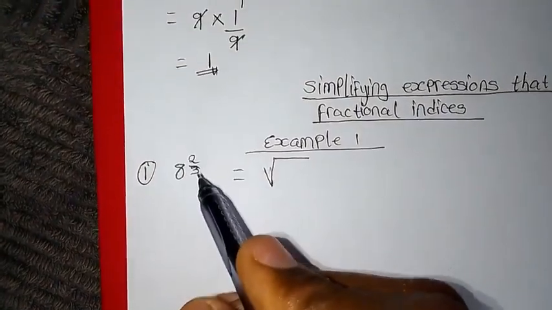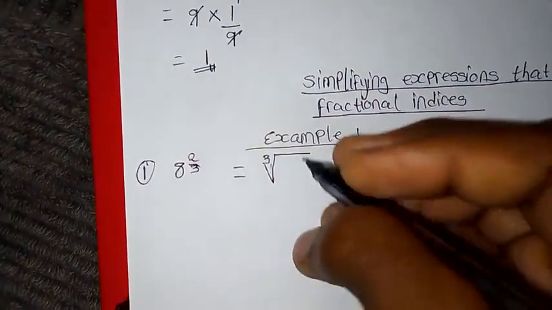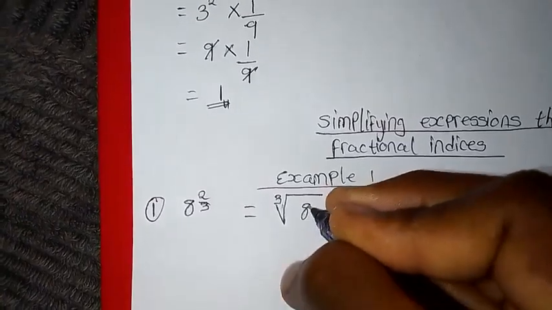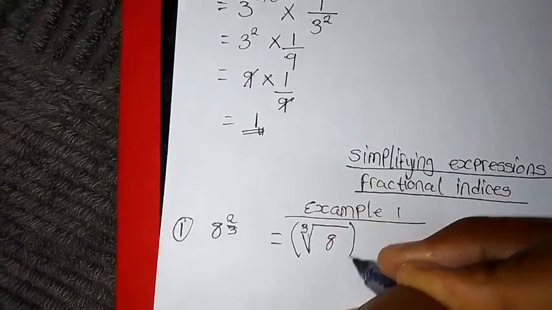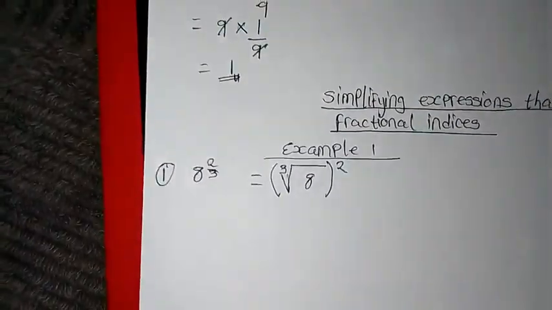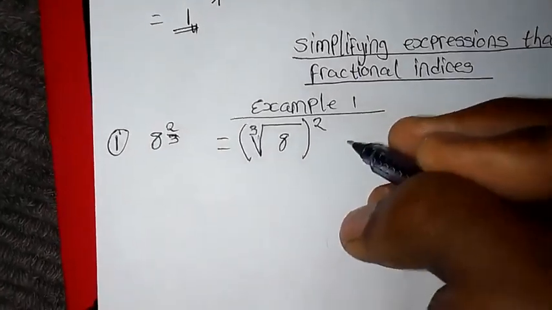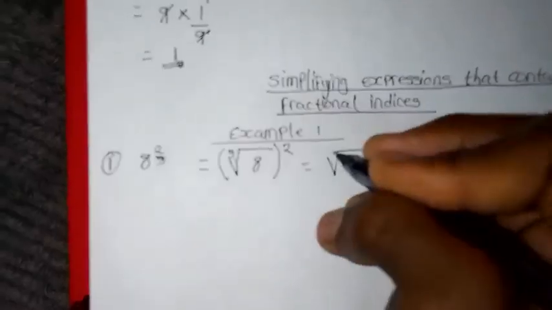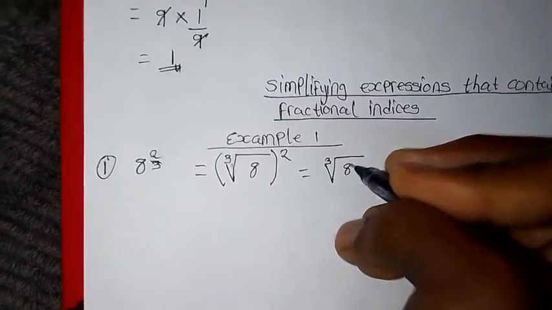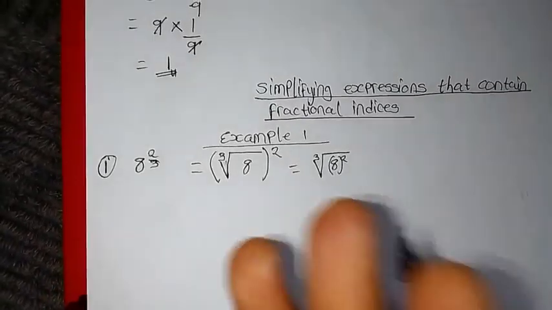So the denominator, which is 3, comes here as the root, then you write the 8, and the power 2, like this. That's how it's written. If you wish, you can also write it like this, the cube root of 8, squared. It's the same. Either way, the answer is the same.